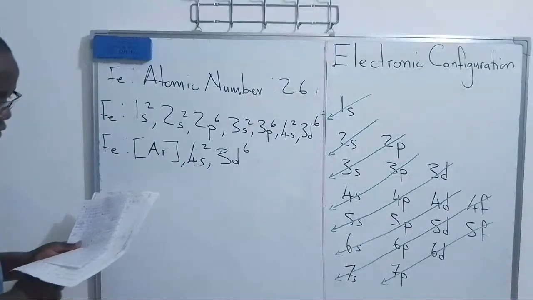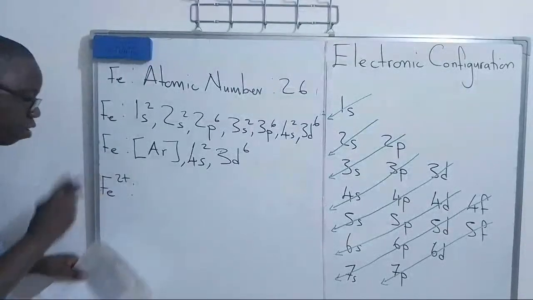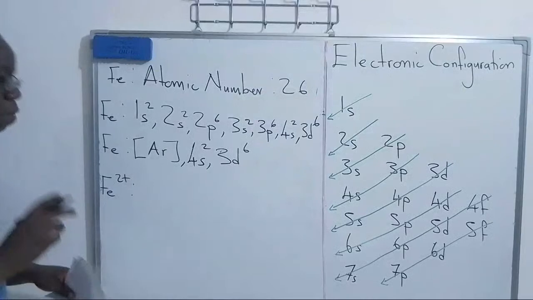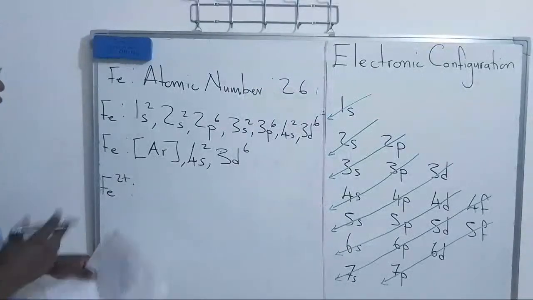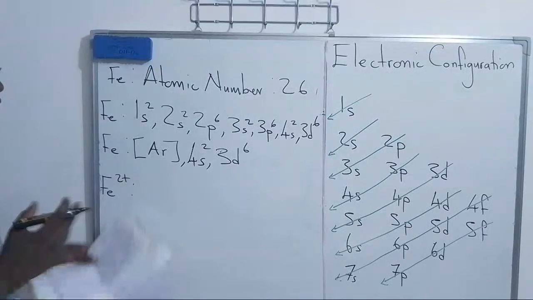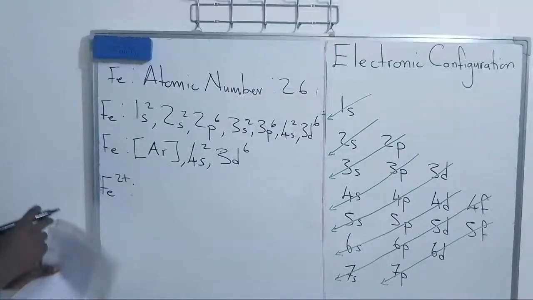Let's see, how do you write the electronic configuration of iron 2+? Because this is the first ion that can be formed from iron. So let's see how you can write this one.